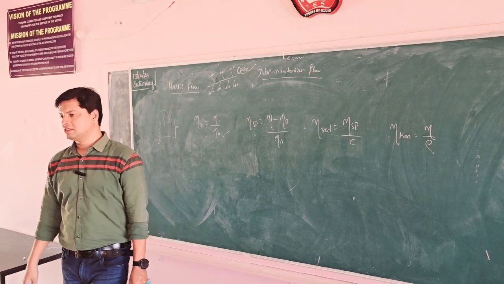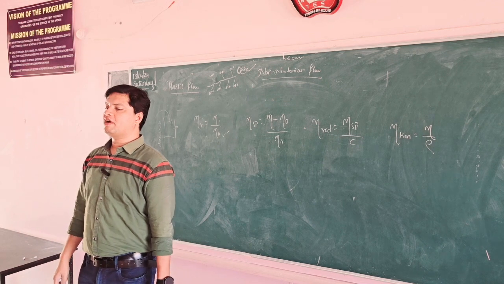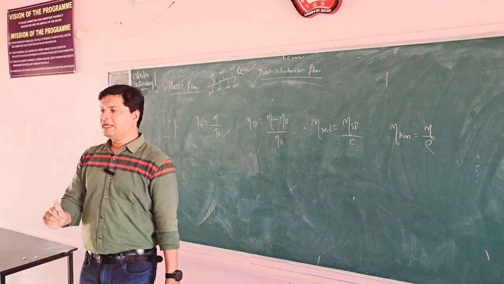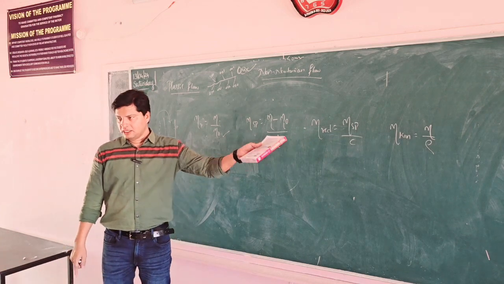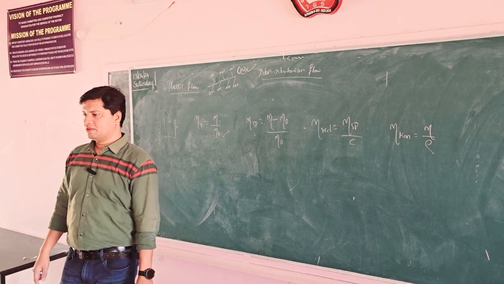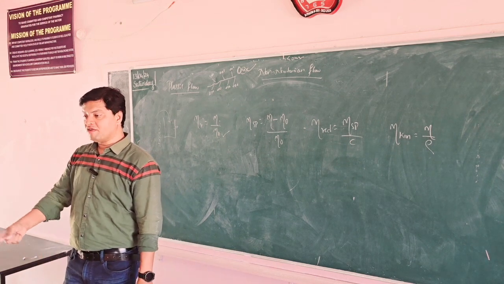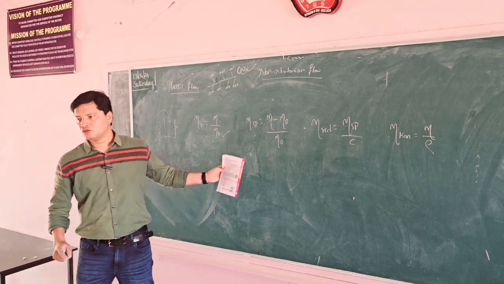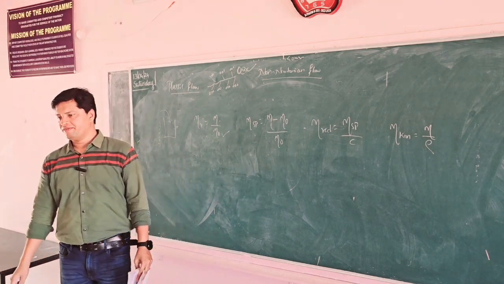You tell me this: if you are shearing for more time, does viscosity increase or decrease? Depending on what you are taking, but in most cases it is decreasing. If you are taking dilatant flow, it will increase, but generally for plastic and pseudoplastic it is decreasing.